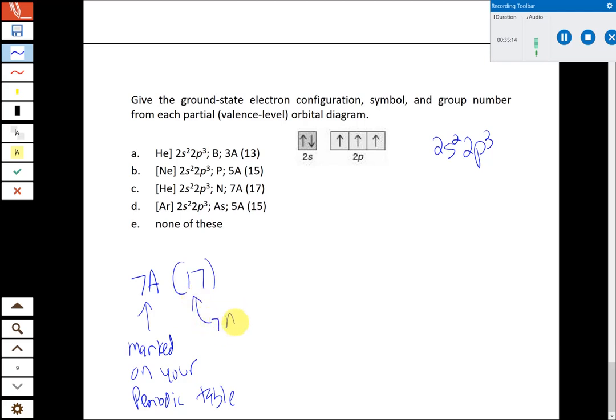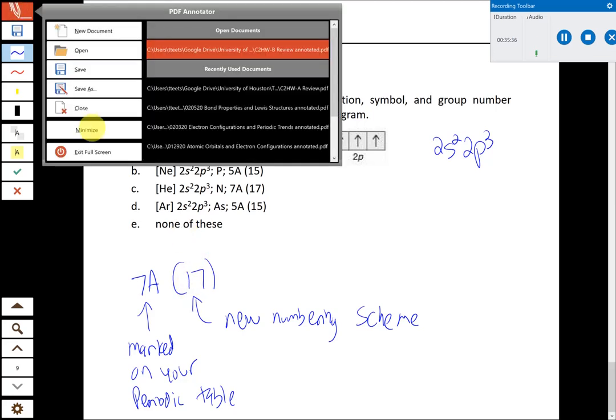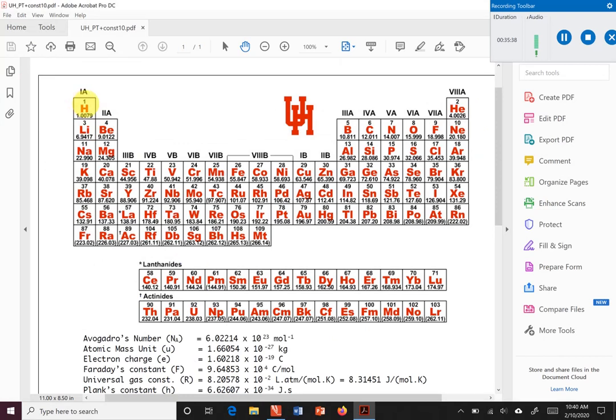This is a new numbering scheme, which is not given on our periodic table, but is one that is favored now because there is some confusion with the A and B groups, especially the way the B groups are numbered. It's kind of weird. This new numbering scheme, which is just a number, no letters involved, is where we just number the columns 1 through 18.